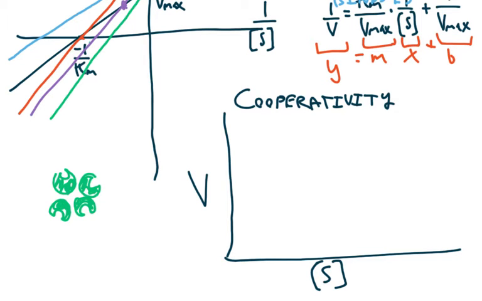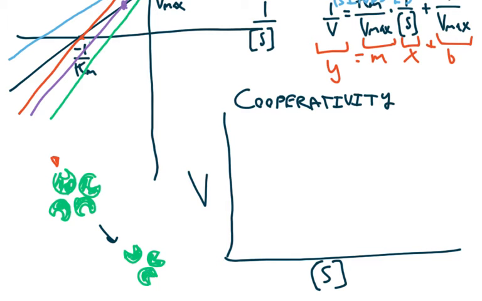In cooperativity, the binding of one substrate is going to help the binding of other substrates. So let's say that that binds, and it changes the conformation or shape of my enzyme to look different. So I'm going to try to draw triangles now for my active sites instead of circles, if that's not clear.